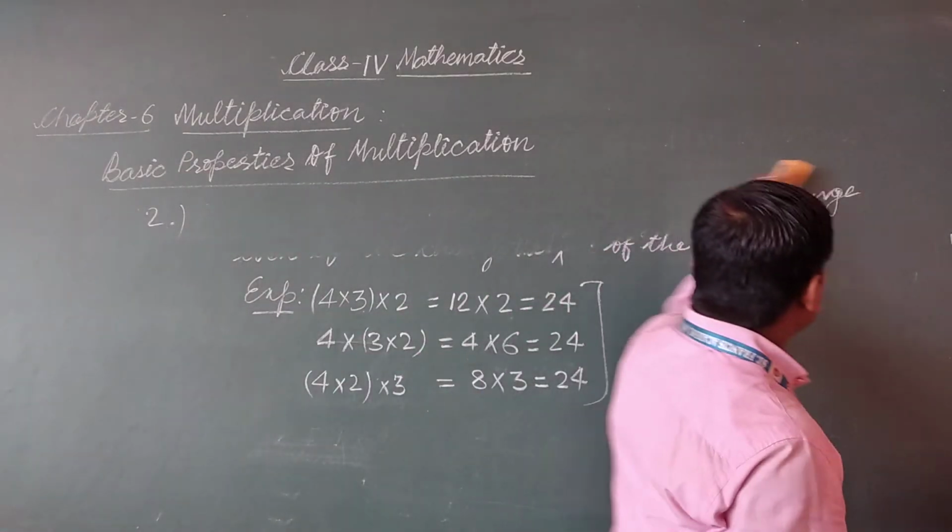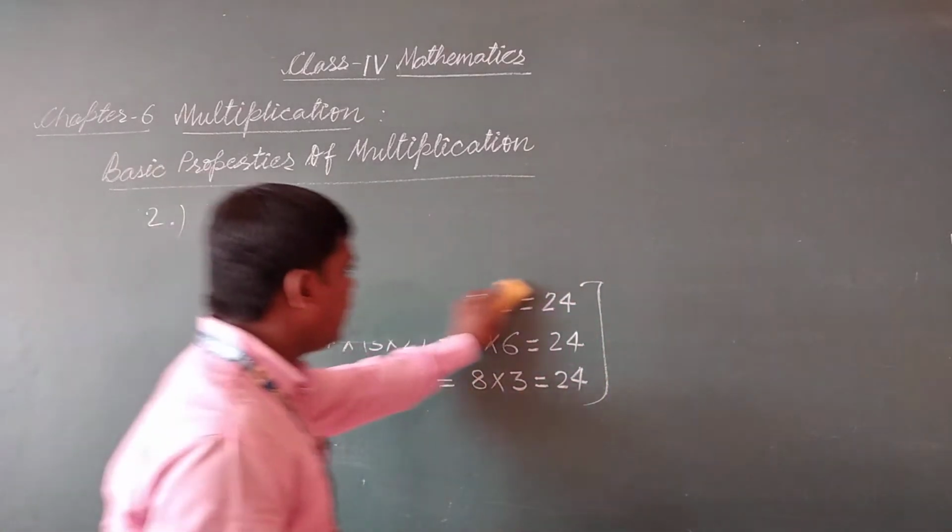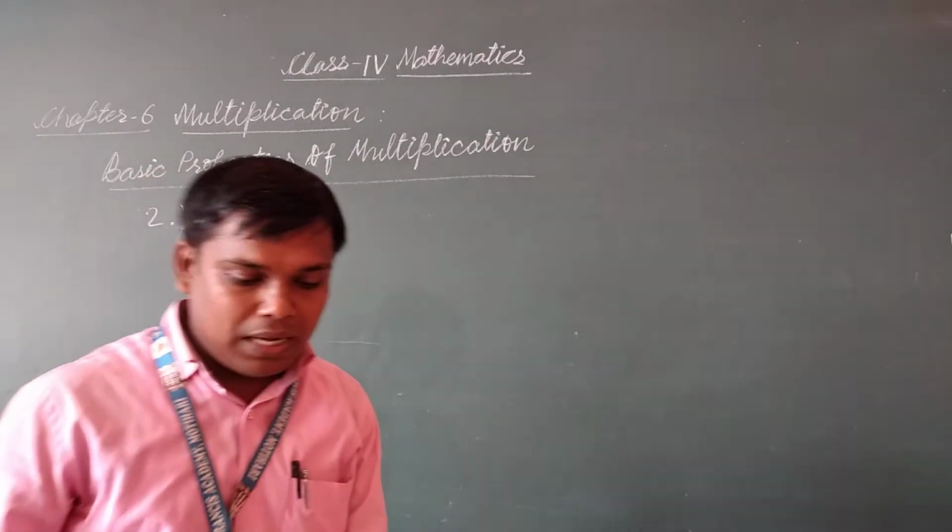The product of a number and one is the number itself.